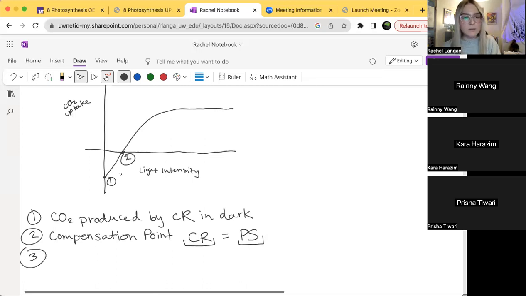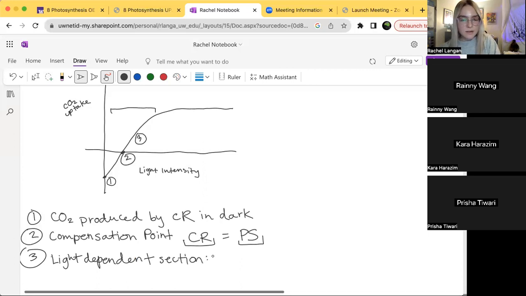Third point you should know is what's happening when our curve's slope is changing. That whole section where the slope is changing represents the light dependent section.